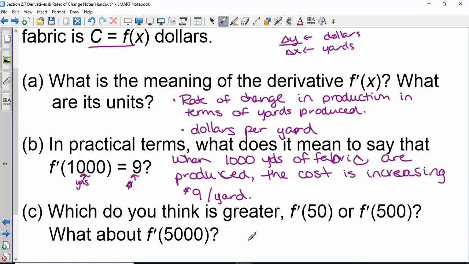So it doesn't tell me what the cost is, just how the cost is changing.